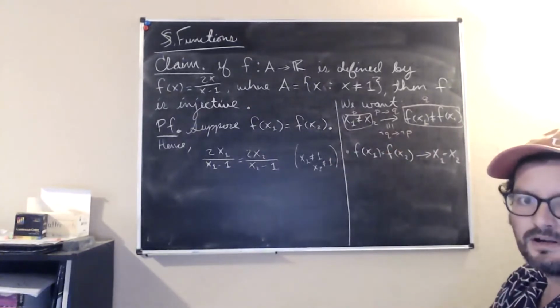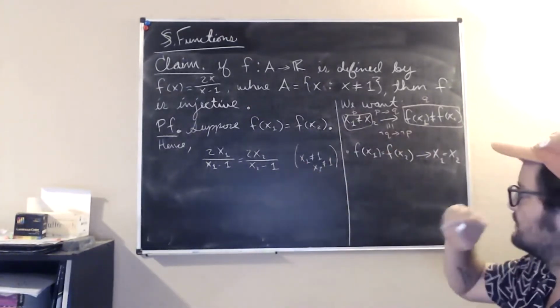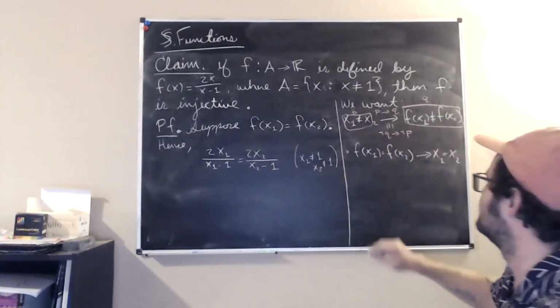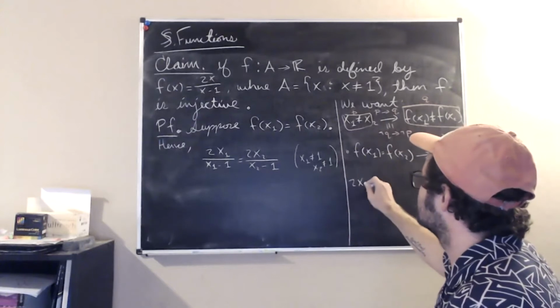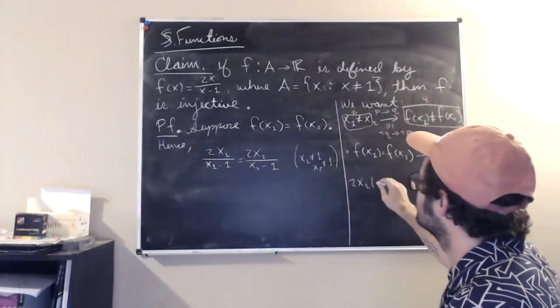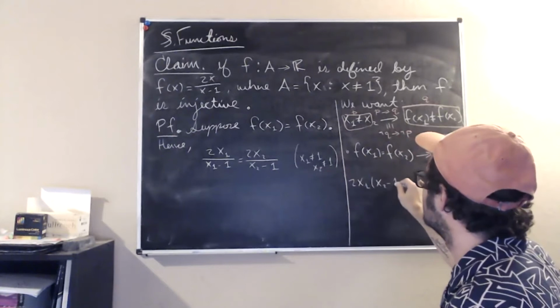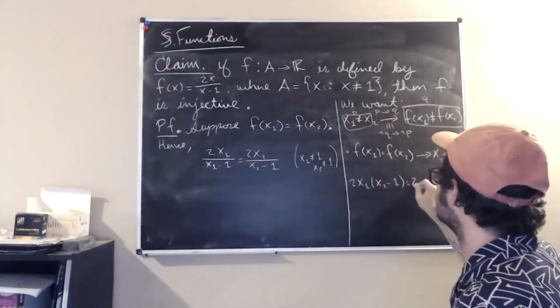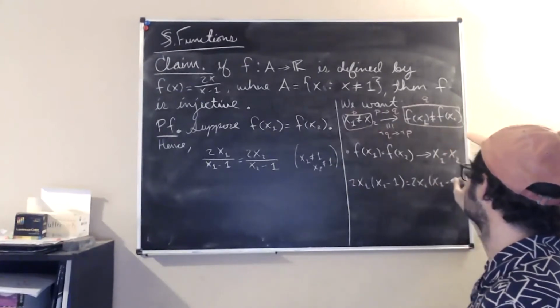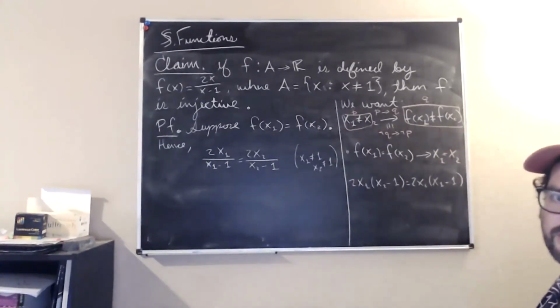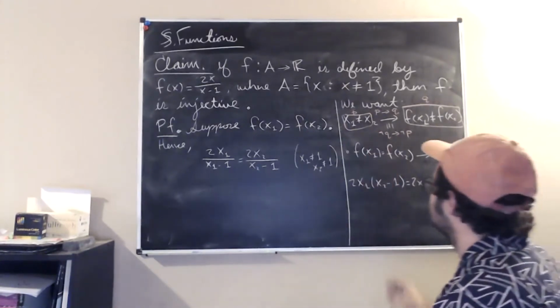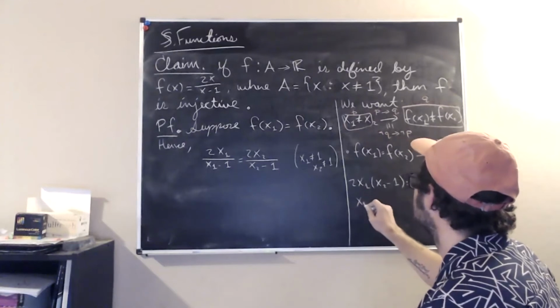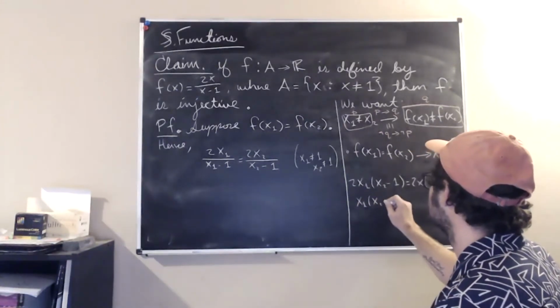So I'm going to fix this proof in a moment because we need to observe that as well. Okay, so looking at that equation, 2x1 times x2 minus 1 is equal to 2x2 times x1 minus 1. Again, this is just my scratch work. We can divide both sides by 2. We get that x1 times x.